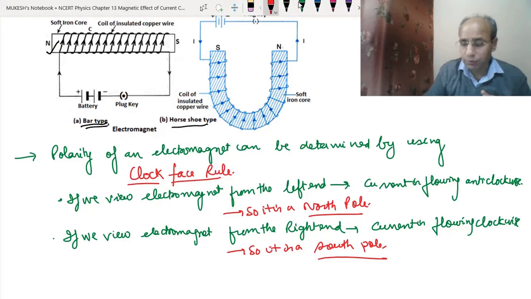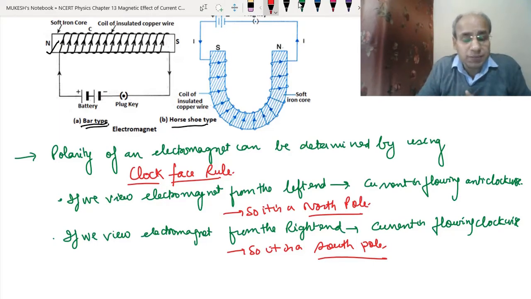Now, as we studied in the solenoid, there are some factors which affect the magnetism in the solenoid. In the same way, there are some factors which will affect the magnetic property of the electromagnet. So what are these? Number one, the current, which we had studied. The same here. If we increase the current, then the magnetism will increase.